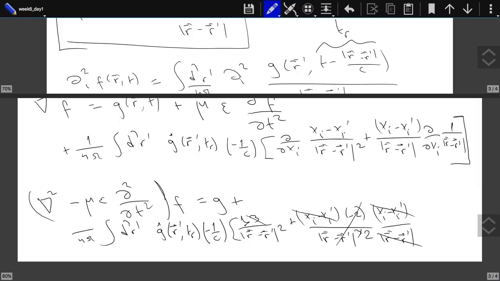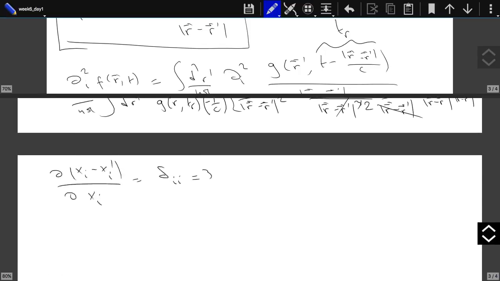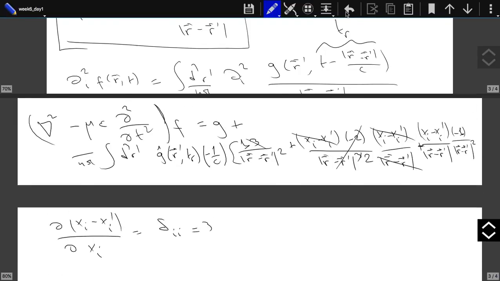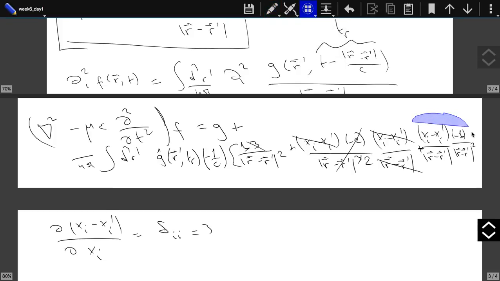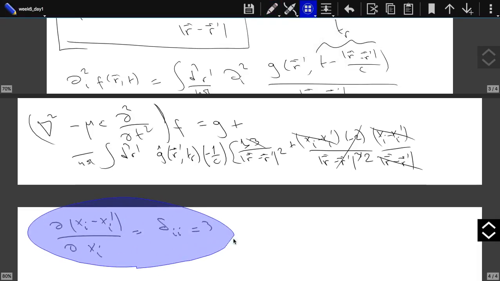Now let's look at the second term. The second term is minus xi minus xi prime over r minus r prime. Well, that derivative is now plus minus 1 divided by r minus r prime squared. Let me write it explicitly.